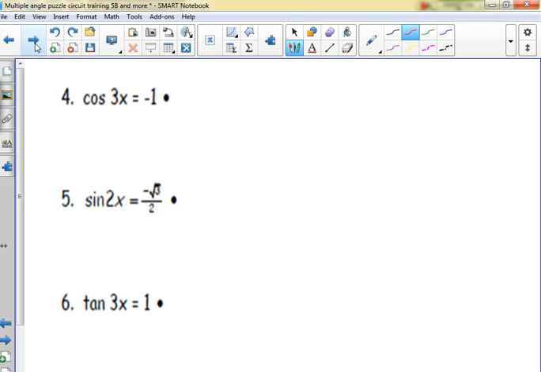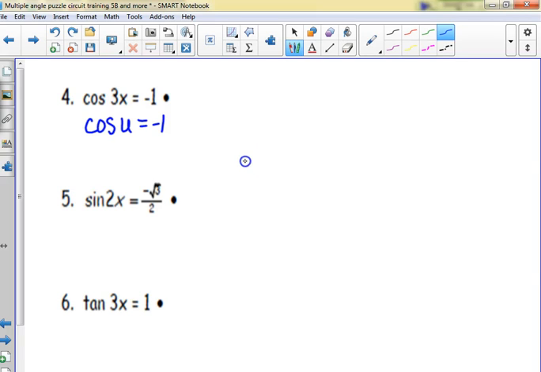All right. So I'm going to do these 3 questions super fast. 4, 5, and 6. Basically, all you have to do is pretend this says the cosine is negative 1.